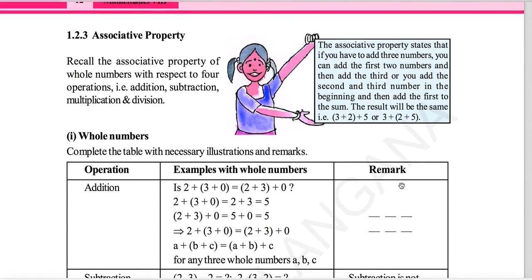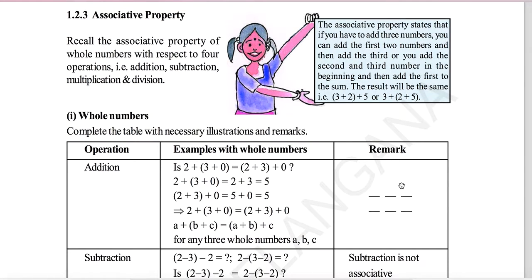Associative property. Recall the associative property of whole numbers with respect to four operations: addition, subtraction, multiplication, and division. The associative property states that if you have to add three numbers, you can add the first two numbers and then add the third, or you add the second and third number in the beginning and then add the first to the sum.